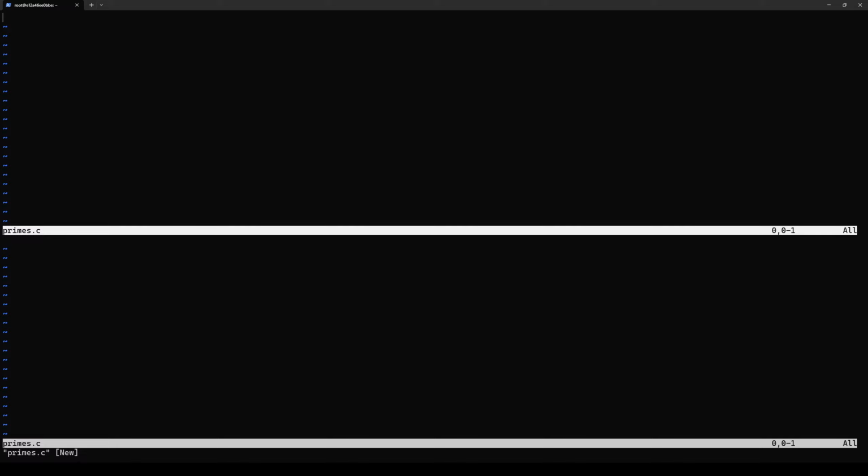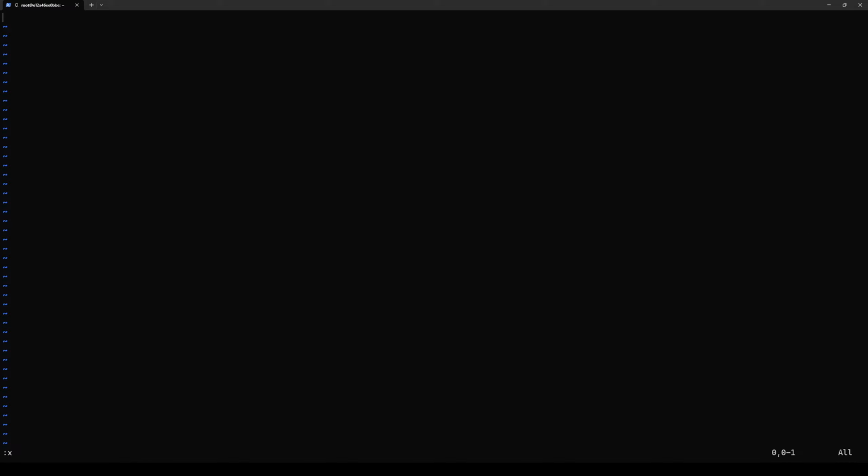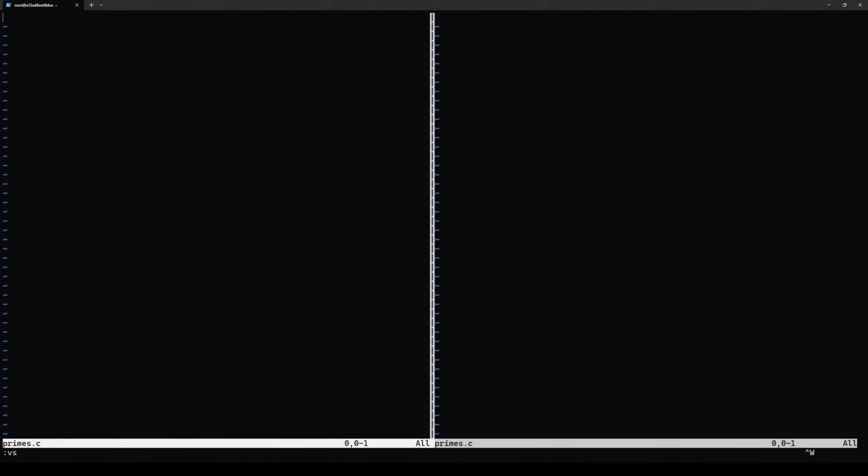Nope, that's vertically. How do you do a horizontal split? There you go. Then go back and forth with Control W, W. Which side do I want the terminal on? Over there? I think so. That looks fine.